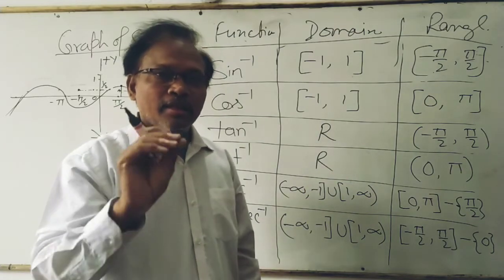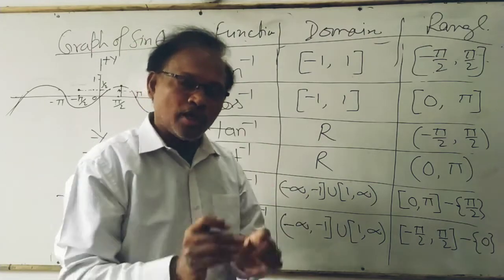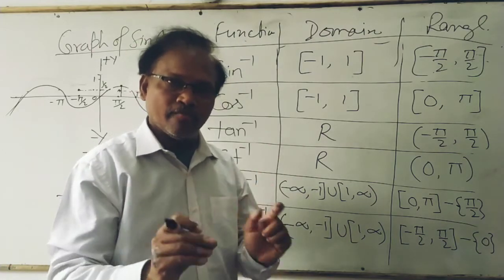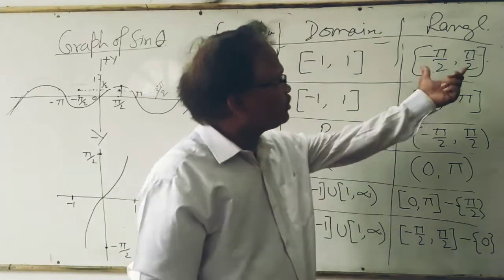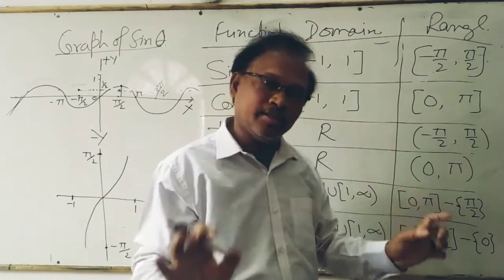It means if you get the answer, अभी क्वेश्चन में हम बताएंगे कि जो आंसर आएगा साइन इनवर्स का, always comes between minus pi by 2 to pi by 2, मतलब इन्हीं को लेकर के ही आंसर.